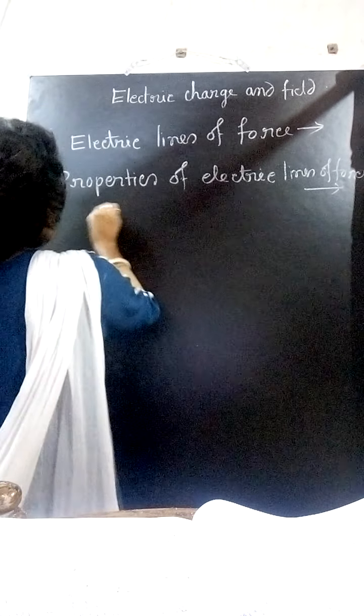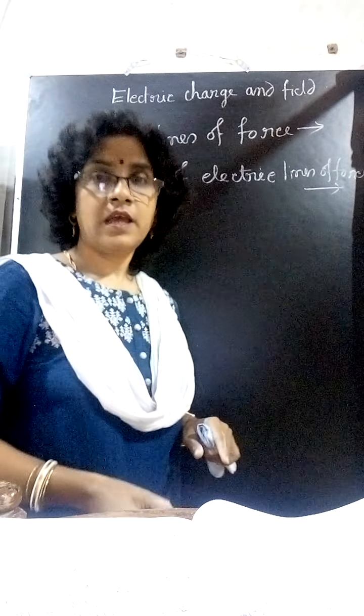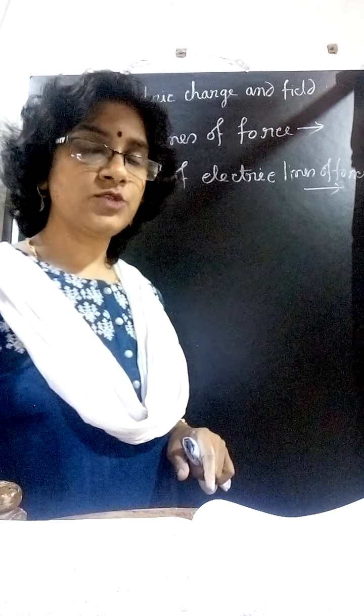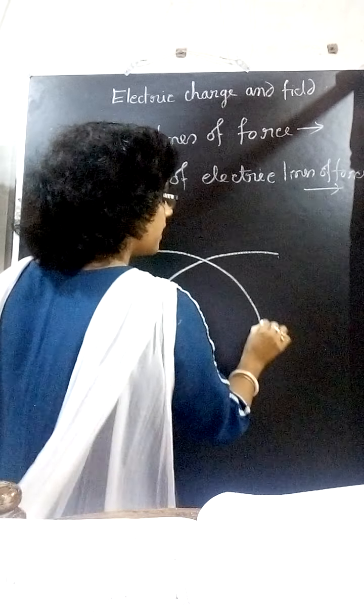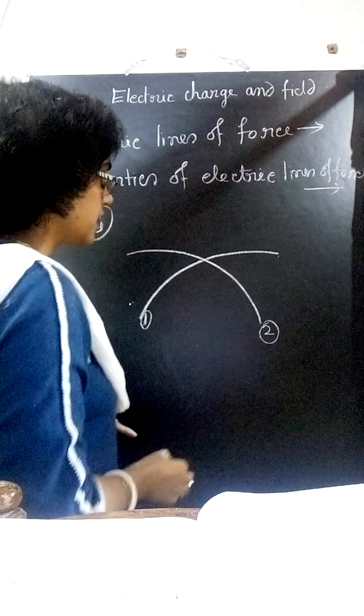Point number nine. The electric lines of force cannot intersect each other. Suppose it is line number one and line number two, two electric lines of force.